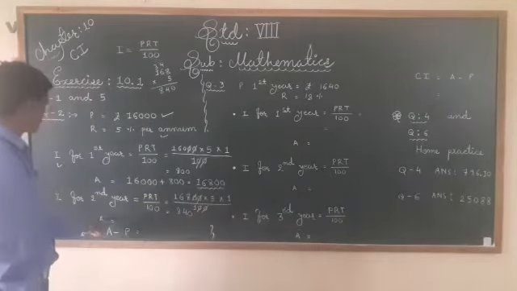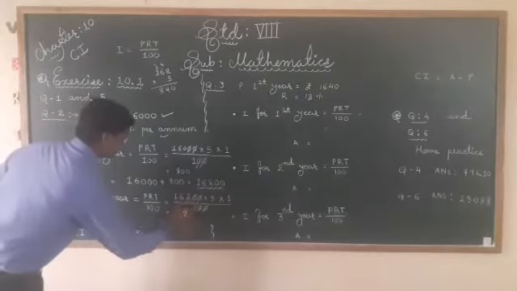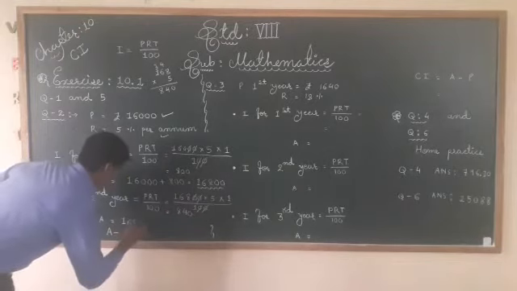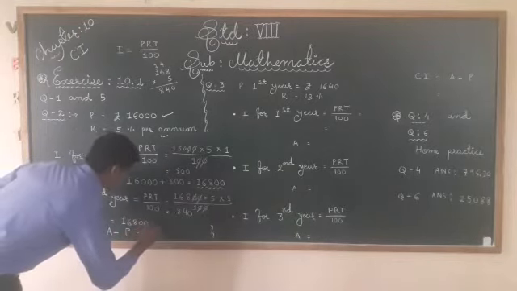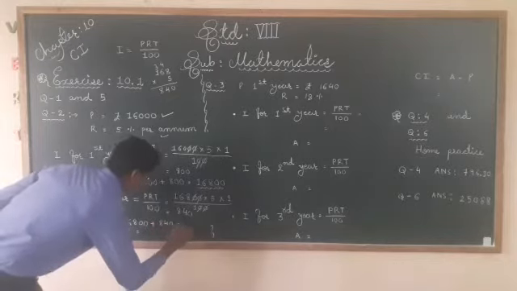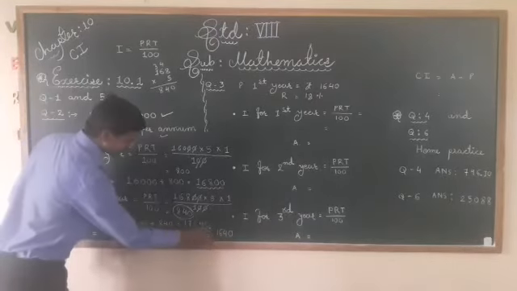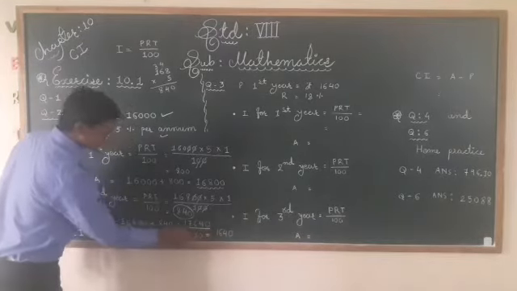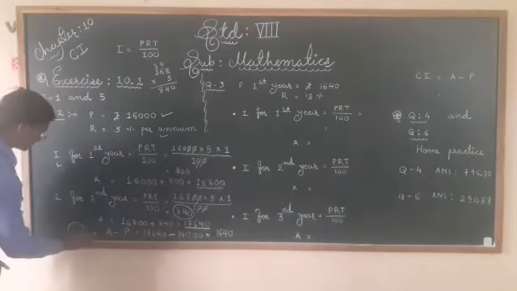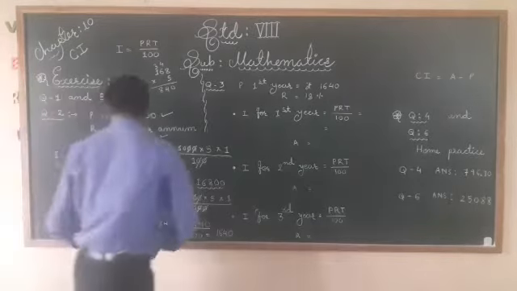Now what we will do, the total amount for the second year, addition of these two: 16,800 plus 840. If you add, you will get 17,640 for the second year. Now you can see here we have to find the compound interest.